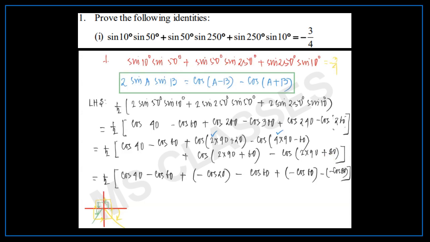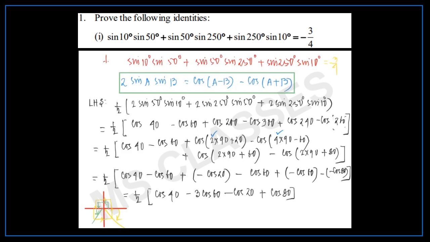Now this gives us half of cos 40 minus thrice cos 60. Why? Minus cos 60 minus cos 60 minus cos 60, minus 3 cos 60, and then cos 40 minus cos 20 plus cos 80.